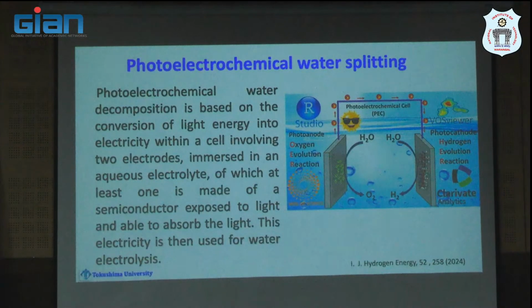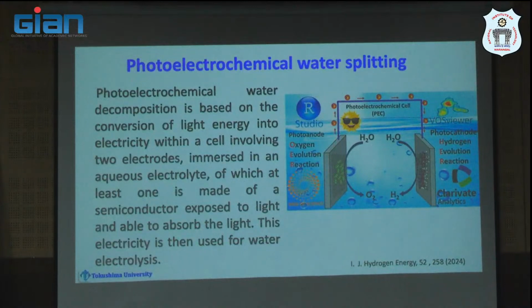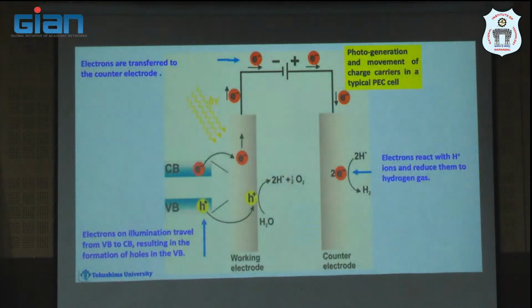When this light passes, the charge is excited. Charge excite means movement of charge. So this charge is initiated by this light. The positive and negative charge is excited by this light. So there is a valence band, there is a conduction band, there are two electrodes, working and counter electrode.